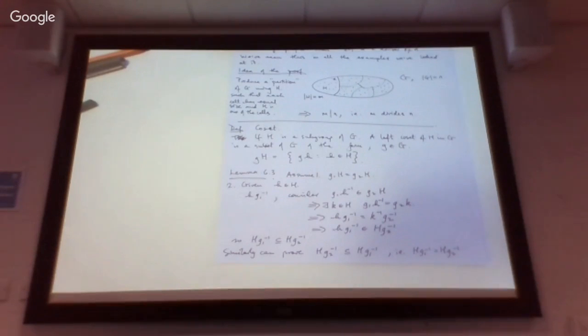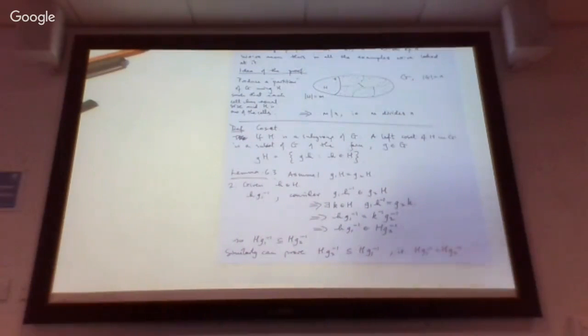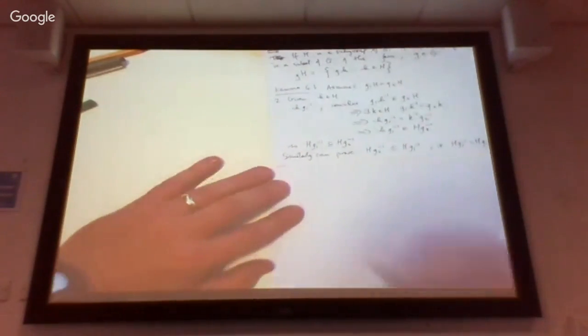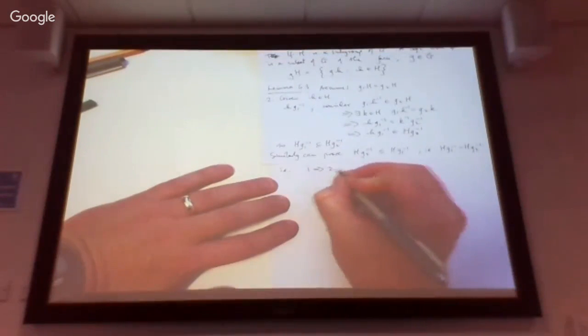So that shows that 1 implies 2, and that's basically the style of showing that these things are all equivalent. So we've shown there that 1 implies 2.